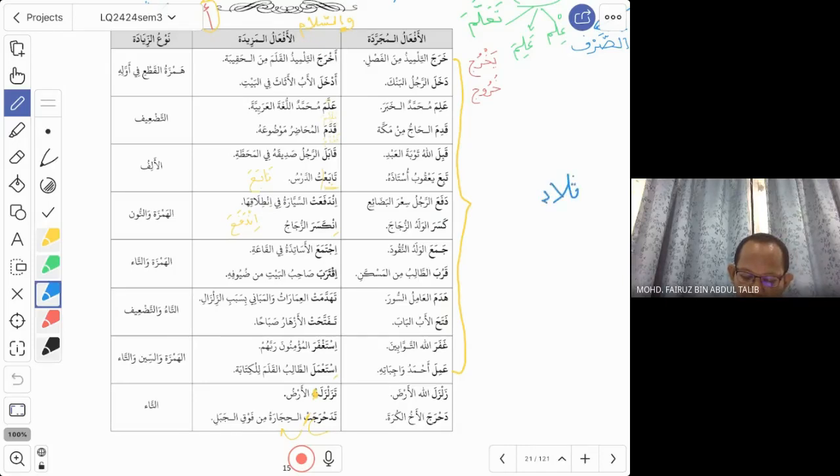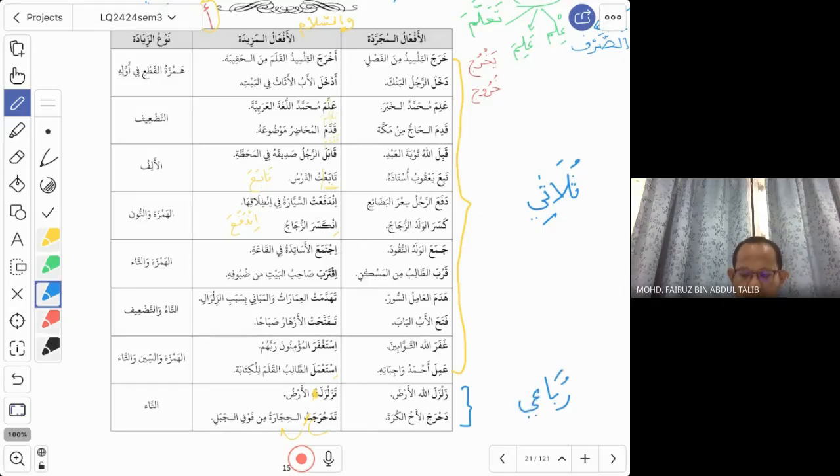Take this term: sulasi. Sulasi is from the word salasa, which means 3. Sulasi means the fi'il has 3 letters. And if you look at the last 2 examples, zalzala and dahraja, here we have 4 letters. Now we call it rubai.